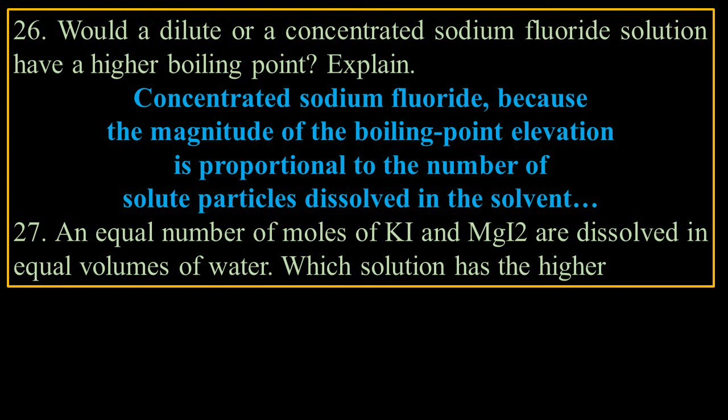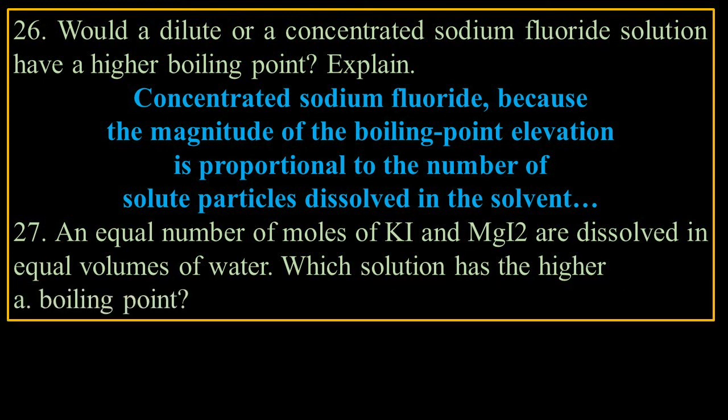An equal number of moles of potassium iodide and magnesium iodide are dissolved in equal volumes of water. Which solution has the higher boiling point? It would be magnesium iodide, because you have more particles.